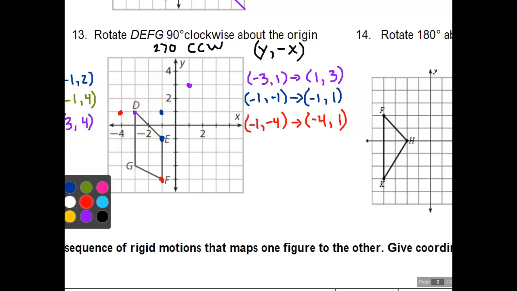So f prime, and g. Let's see here. -3, comma, -3. Okay, all right, so we have -3, comma, 3. There we go.